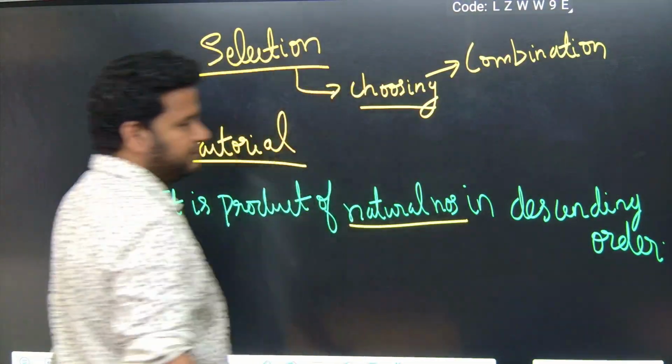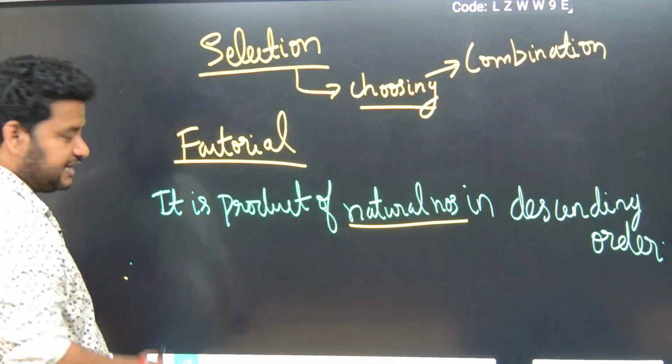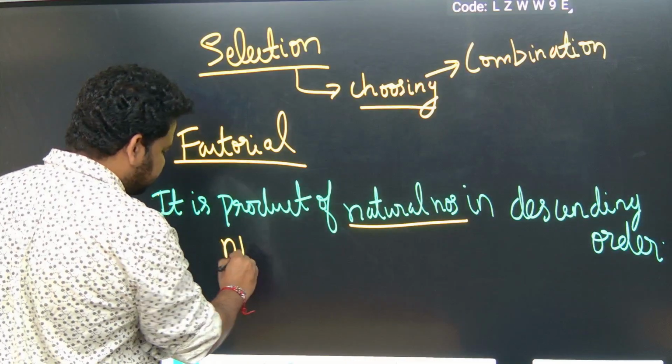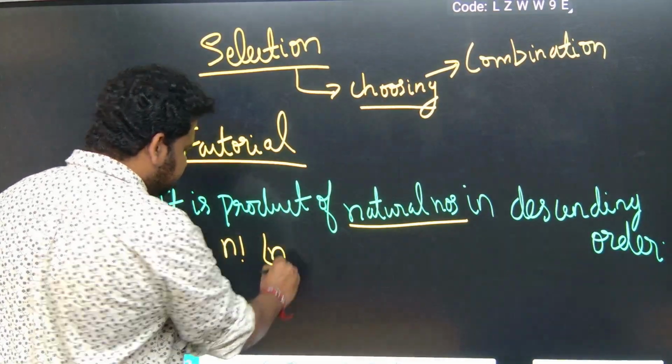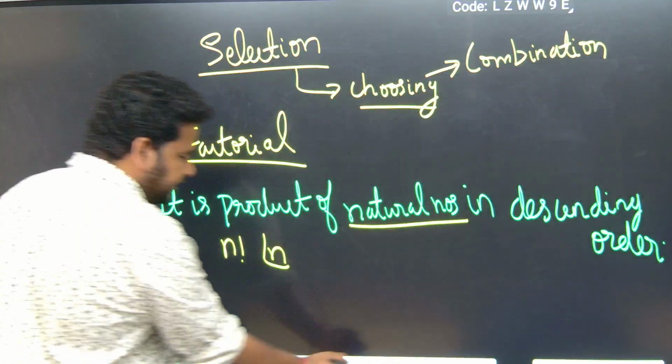Natural numbers is the keyword. So suppose I write n factorial. N factorial is represented like this, or you can write it like this. It remains the same. Let us write down some factorials.